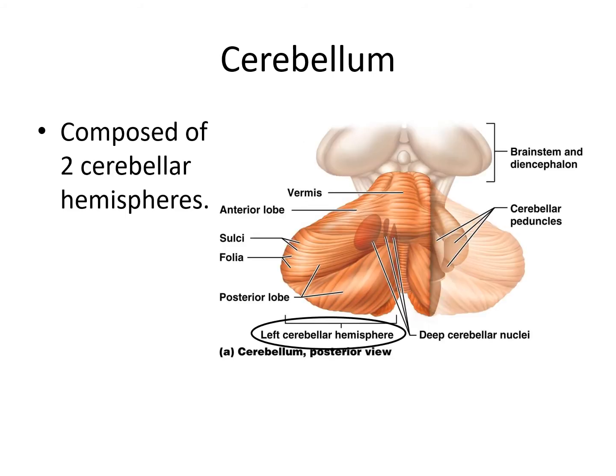Like the cerebrum, as we just mentioned, the cerebellum is composed of two cerebellar hemispheres. This picture is showing the left cerebellar hemisphere right here. The right one has been removed to show other structures.